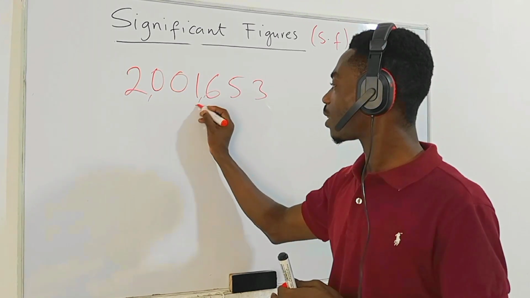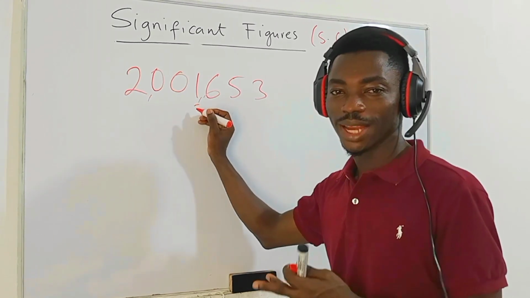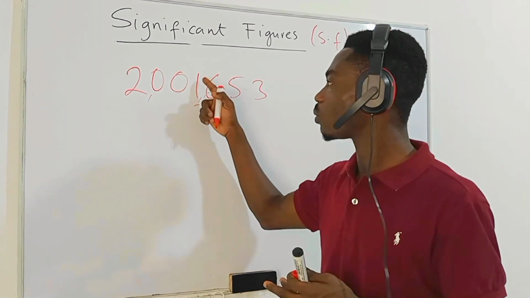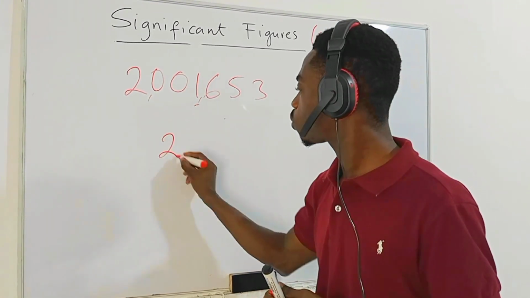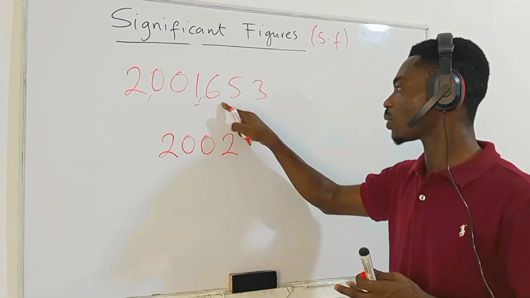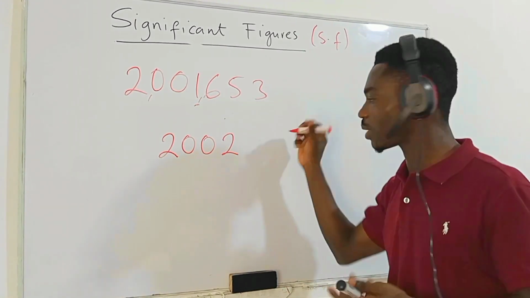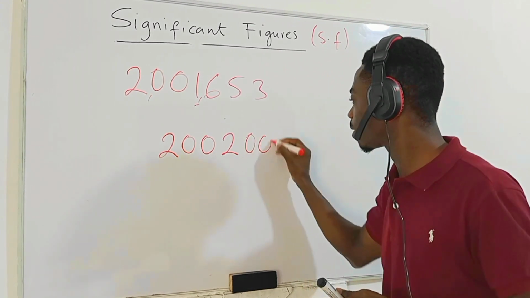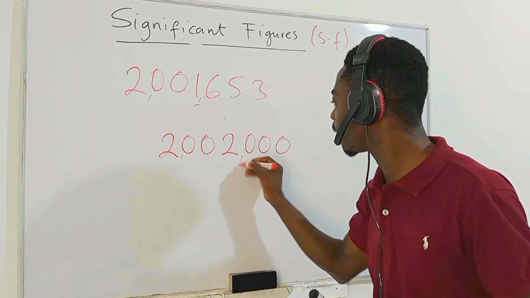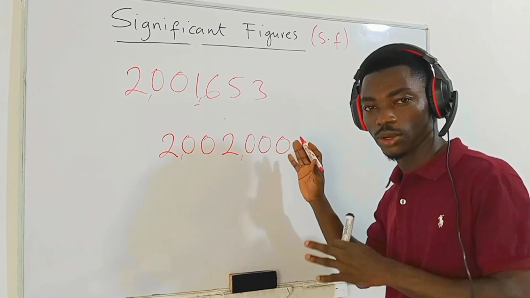We just landed on this one right here. The number that is next to the one is 6, which is more than 5. So we have to add 1 to this, making 2002. Then we try to change all these to zeros so that we will have 0, 0, 0. And we can clearly see that still we are in the million column, right?